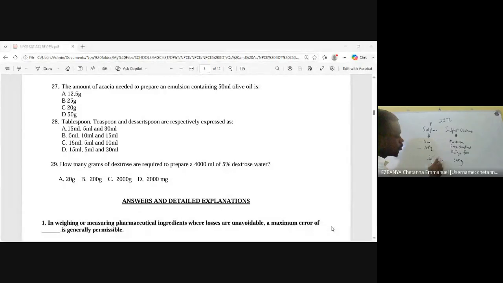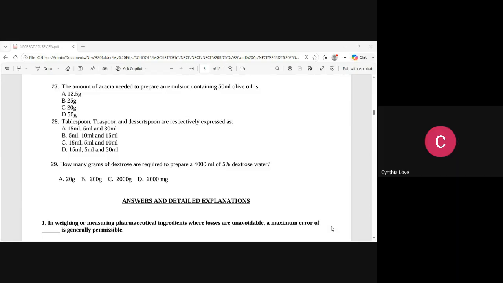So now from the question, if 2 grams of sulfur is found in 100 grams of this sulfur ointment, we are asked how much sulfur we need to produce 30 grams. So how many grams of sulfur can we use to produce 30 grams of this product? We call it X, as you can see on the board. So we make X the subject of the formula. X is equal to 2 grams times 30 grams over 100 grams.